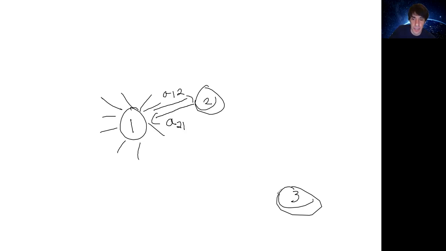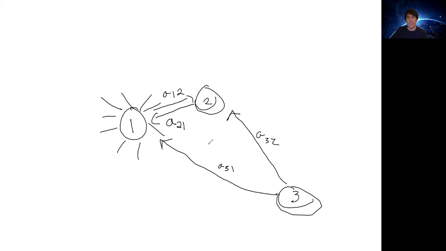And so similarly, like the acceleration on body 3 due to body 1 goes that way, the other A13 goes the other way, A32 goes that way, and so on, right? So like there's really a directionality to all of this.